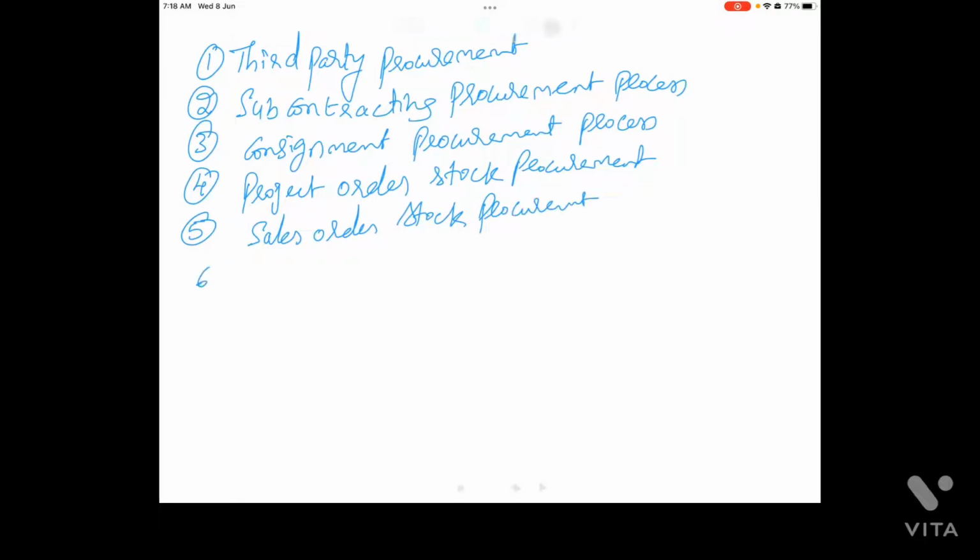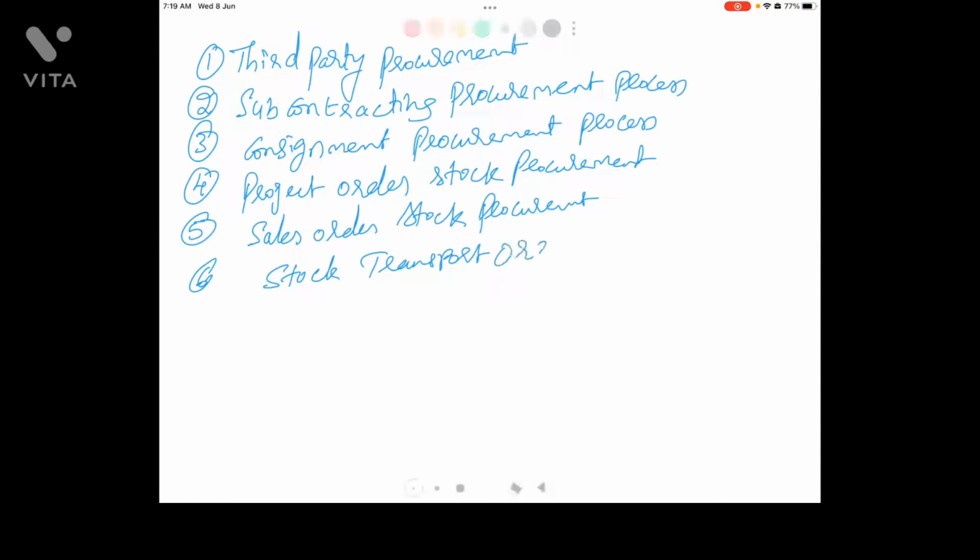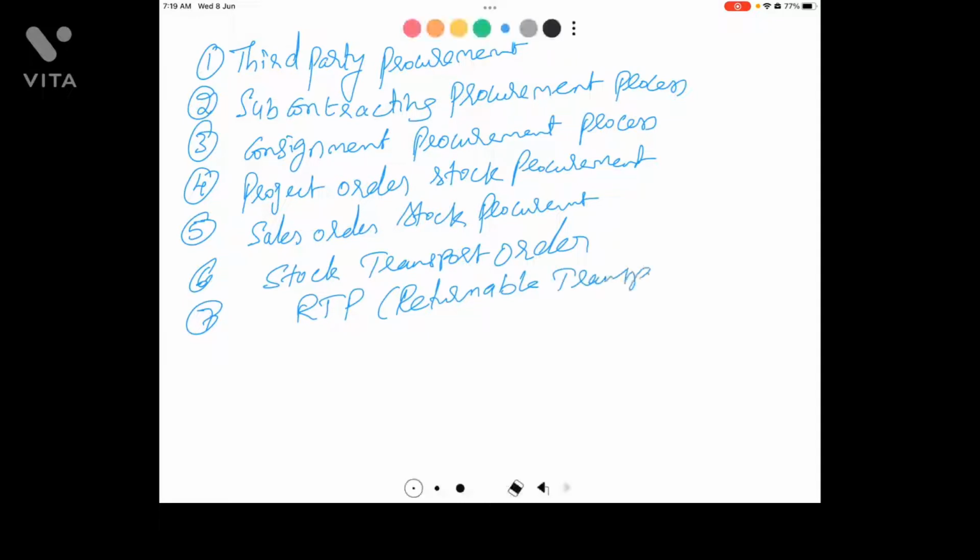The sixth one is stock transport order. And RTP, returnable transport packaging.